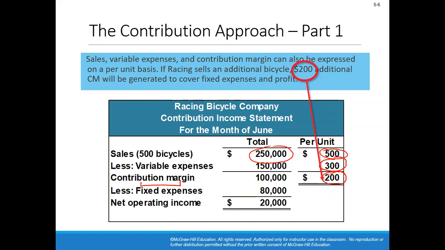But this is not a contribution margin in total. Rather, this is a contribution margin on a per unit basis. What does it mean precisely?